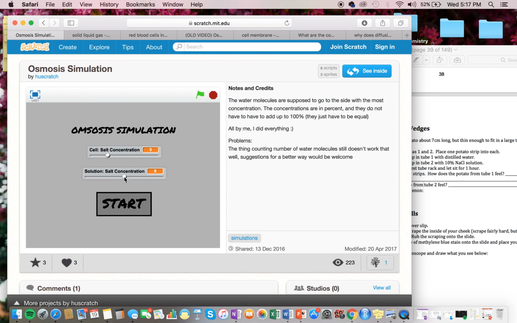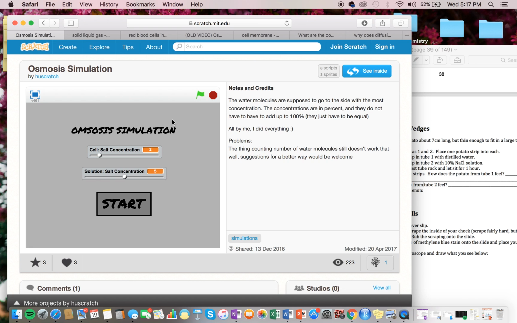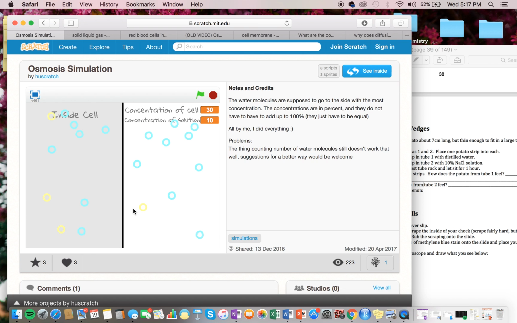In the salt water, it would have a high salt concentration, right? We start, water's going to go from inside the cell to outside the cell. You see that? And so that's why your potato kind of seemed more rigid. Versus if we put it in a really hypotonic solution, water is going to head inside the cell to make a more even distribution of water molecules.